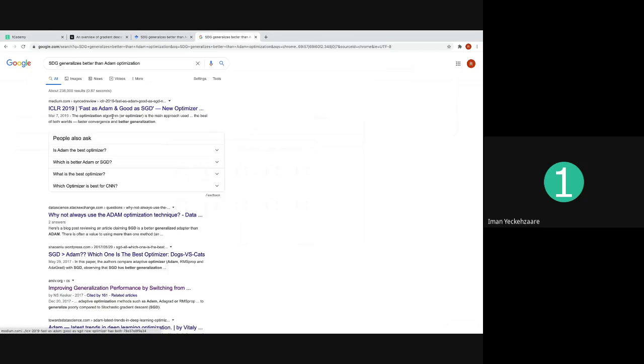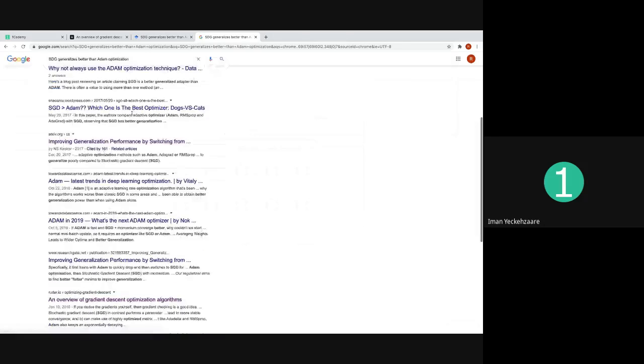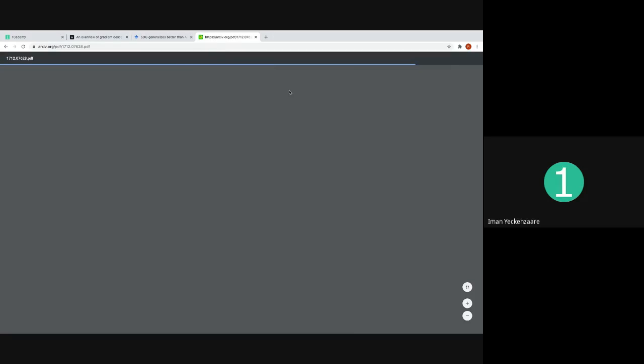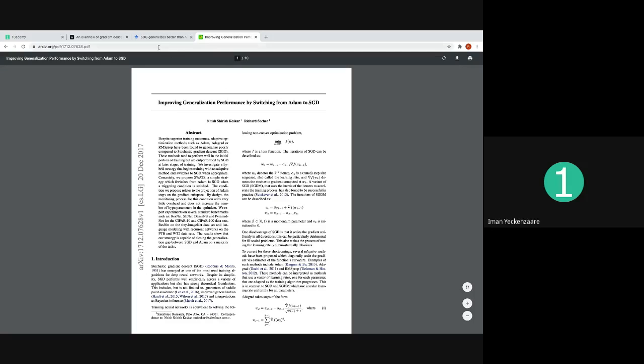Sure. Yeah, I think this one. It's about improving generalization performance by switching from Adam to SGD. Great. So just copy the title and the authors into Google Scholar to find the correct citation for them.